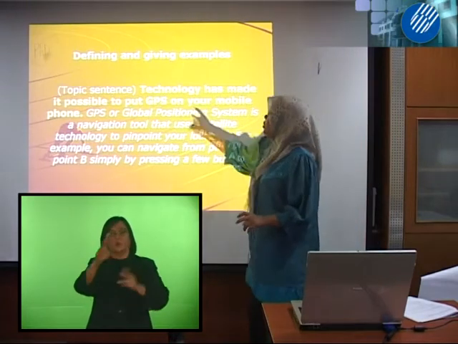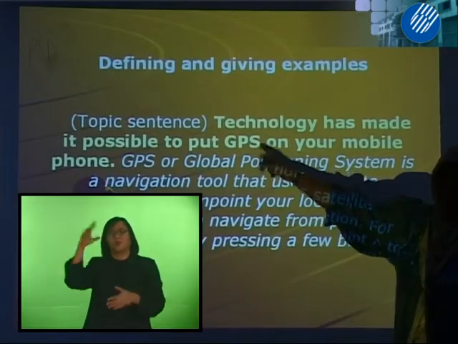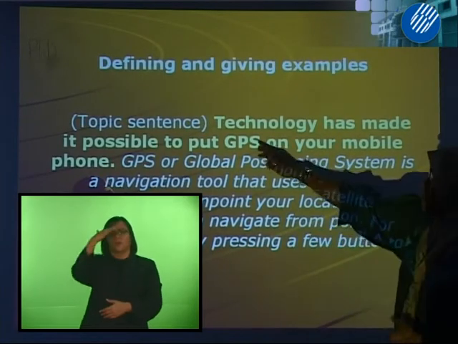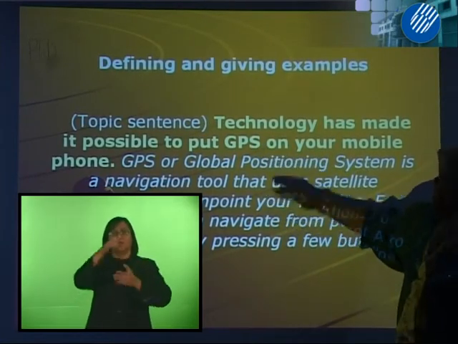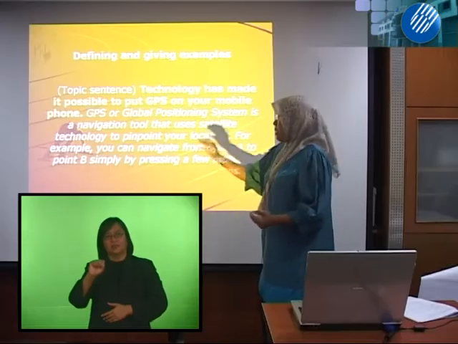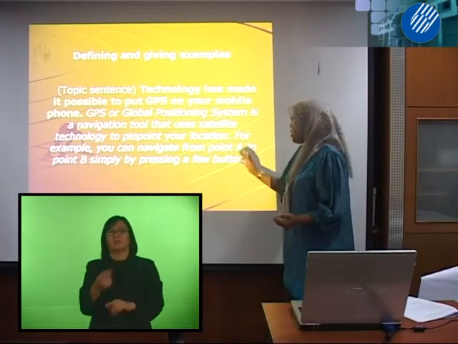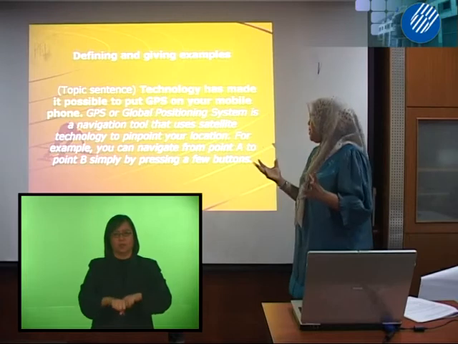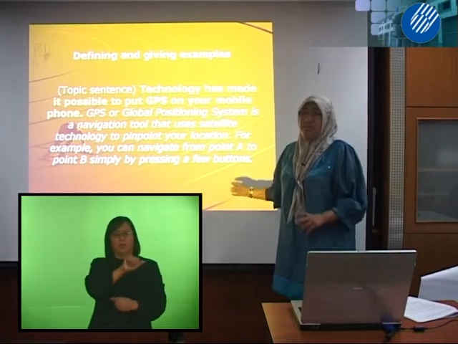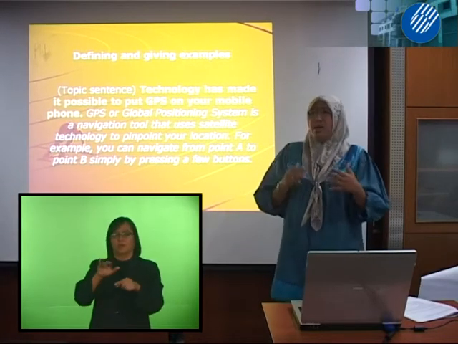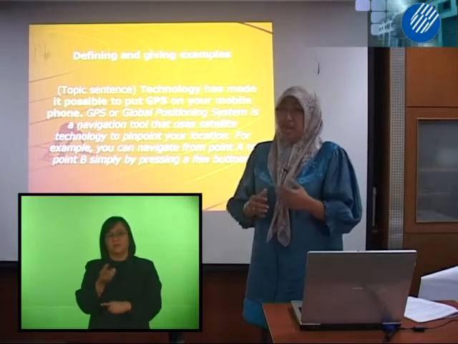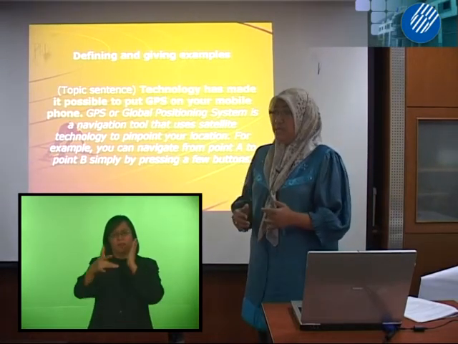Because people might not know what GPS stands for, you define it in the next sentence. And then you give an example. For example, you can navigate from point A to point B simply by pressing a few buttons. So these are the techniques when you want to write ideas in English, especially in academic writing.